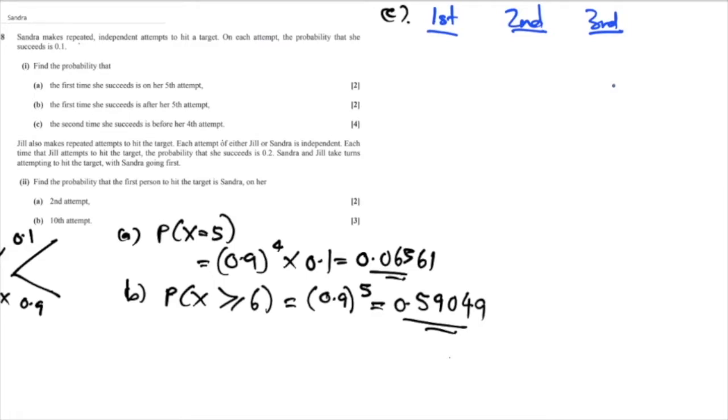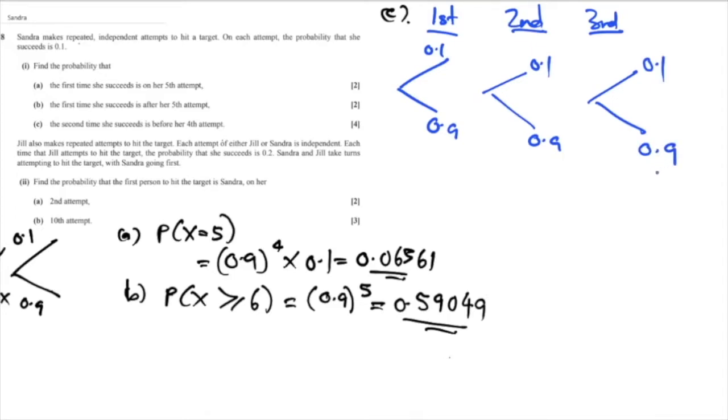So how do I do this? Sandra makes repeated attempts. Let's break this down, an easy method is to break it. First attempt 0.1, 0.9, second attempt 0.1, 0.9, third attempt 0.1 and 0.9.